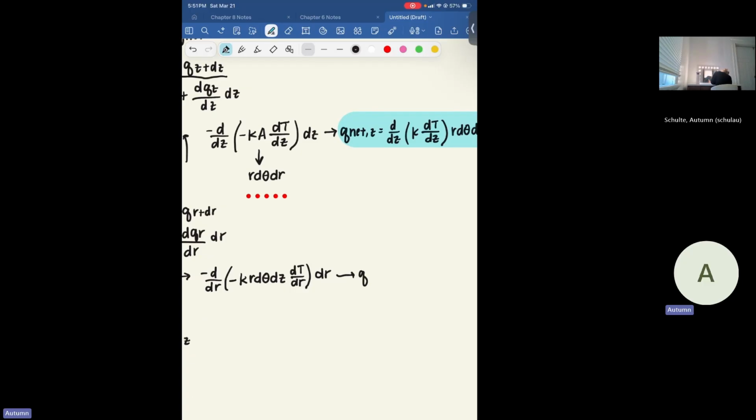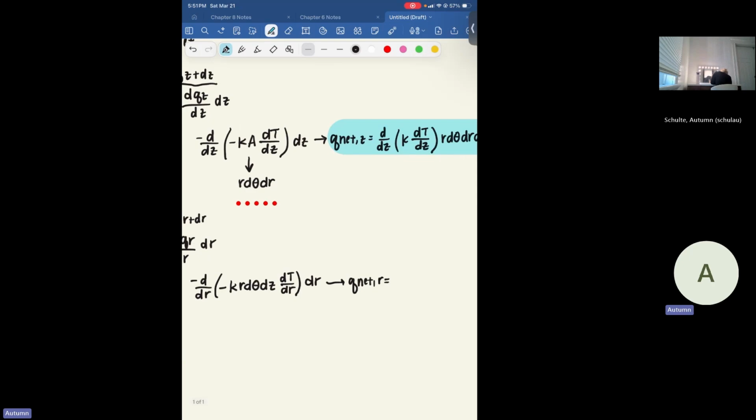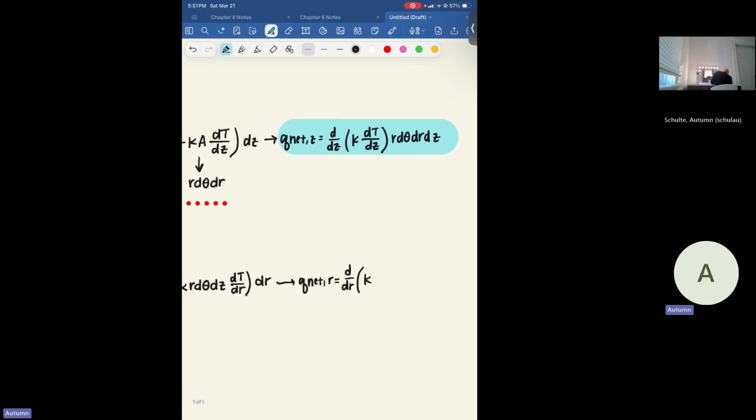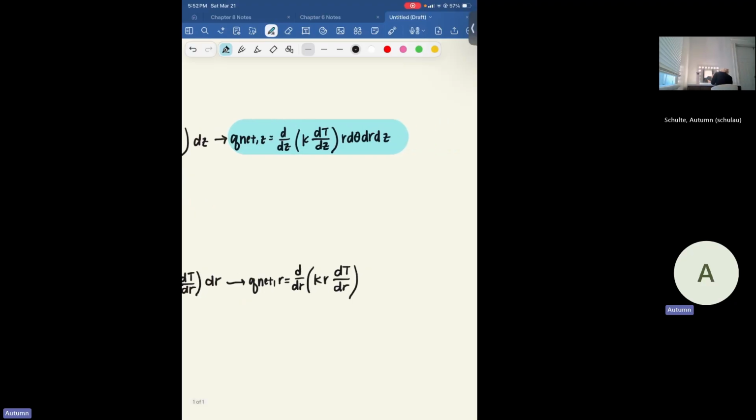So we're going to have the net heat flow in our radial direction is equal to the differential in the radial position multiplied by the thermal conductivity times r times our change in temperature with respect to r multiplied by d theta dr dz.